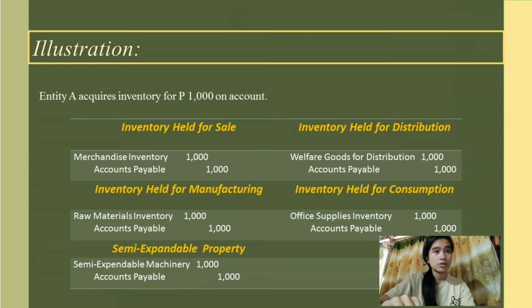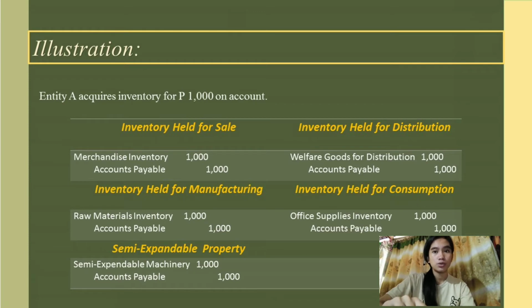We have here an illustration wherein entity A acquires inventory for 1,000 on account. If it is inventory held for sale, we have the journal entry: debit merchandise inventory 1,000 and credit accounts payable 1,000. Inventory held for manufacturing: raw materials inventory 1,000 and credit accounts payable 1,000.